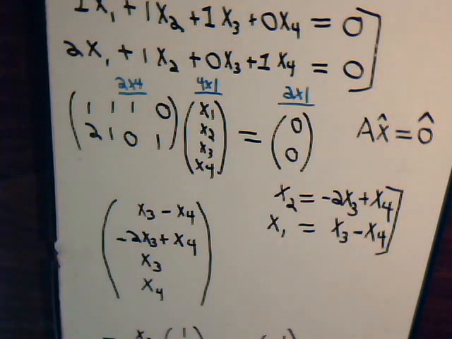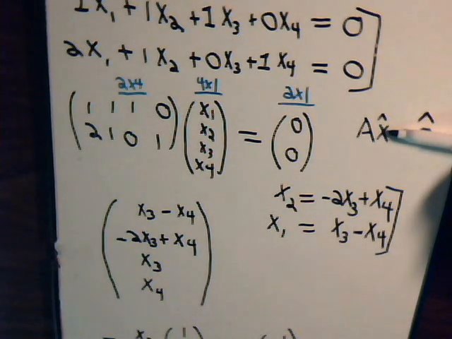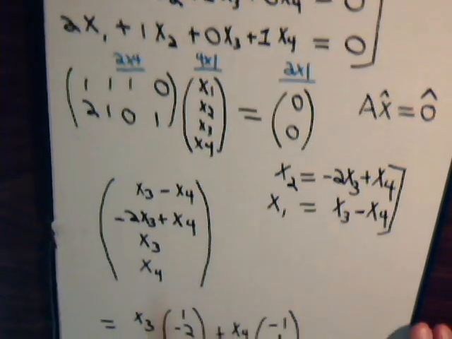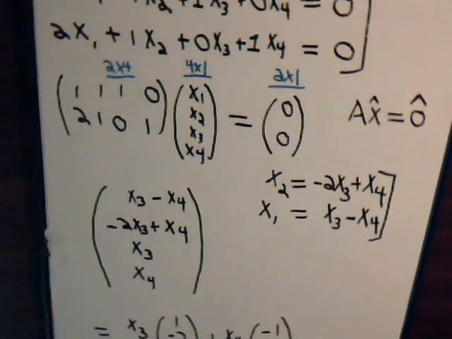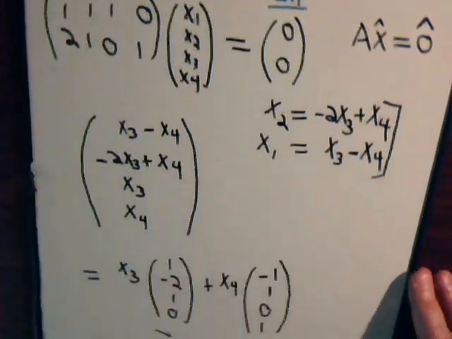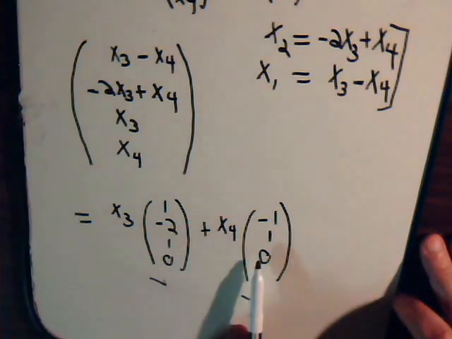So, first of all, the components of x that make this equation come true are called the null space. These two work in this equation. What's more, look at these vectors here. These two are linearly independent. Where this one has a 1, this has a 0.